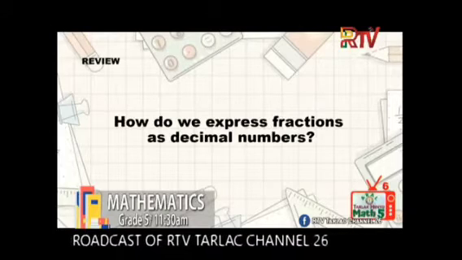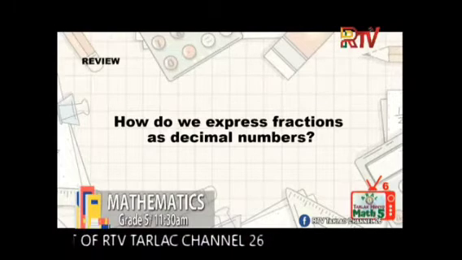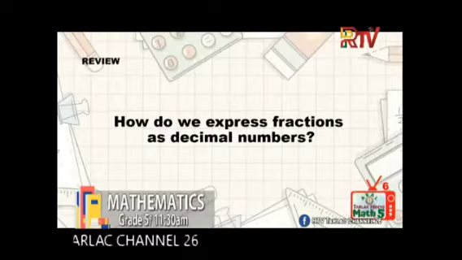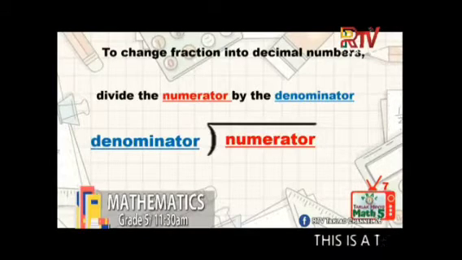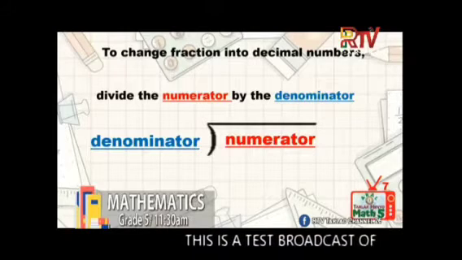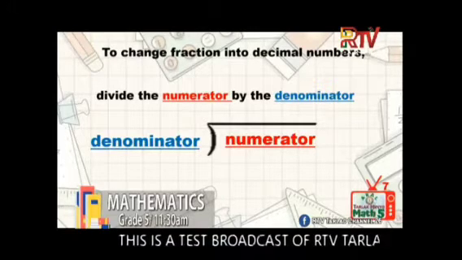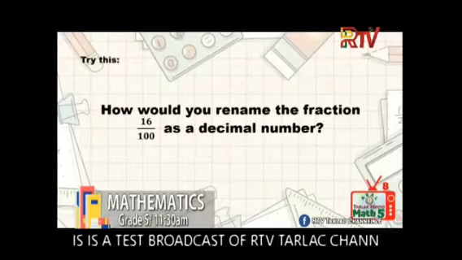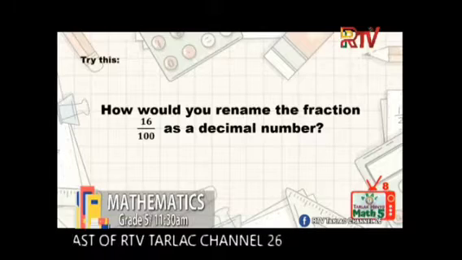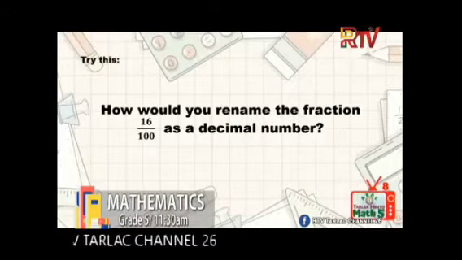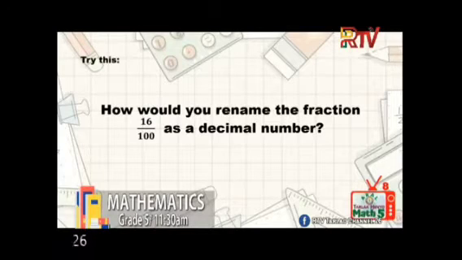And how do we express fractions as decimal numbers? Very good. To express fractions as decimal numbers, divide the numerator by the denominator. Now, how would you rename the fraction 16 over 100 as a decimal number?